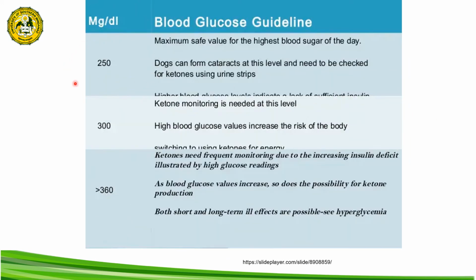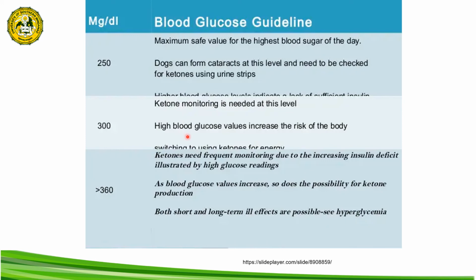We also have here a higher blood glucose level, 250. This is the maximum safe value for the highest blood sugar of the day. Dogs can form cataracts at this level and need to be checked for ketones using urine strips. At 300 milligram per deciliter, ketone monitoring is needed.